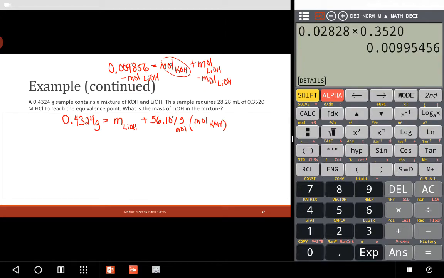And so that tells us that moles of potassium hydroxide is equal to this number minus moles of lithium hydroxide. So now we can plug that in where we see our moles of potassium hydroxide.